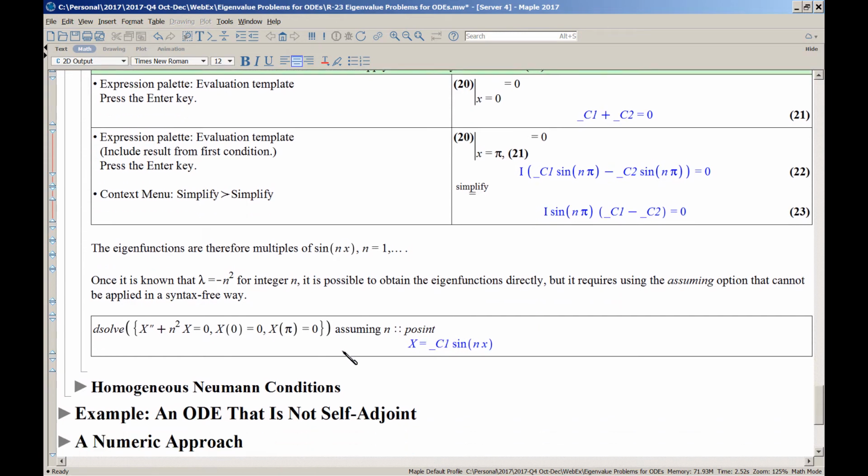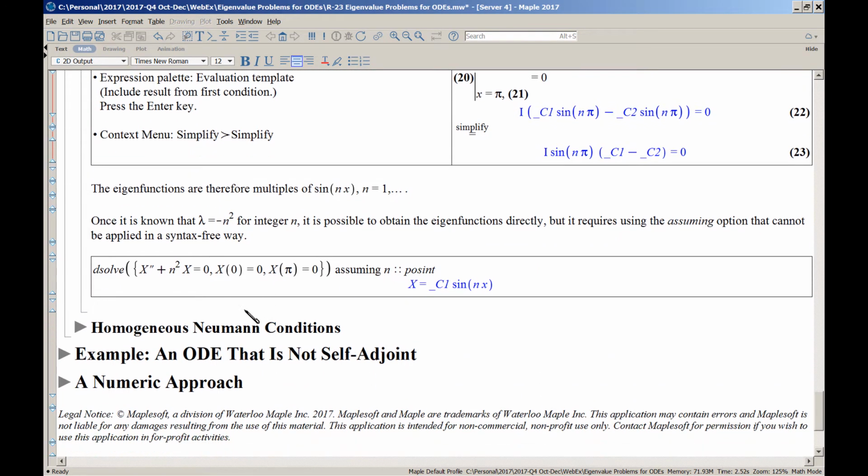And so I've discovered the eigenfunctions. Now, if we allow ourselves to make use of the dsolve command and apply the boundary data, x of 0 and x of pi equal to 0, to x double prime plus n squared x equals 0, but put on the assumption that n is a positive integer, you immediately get back that x is a multiple of sine nx.